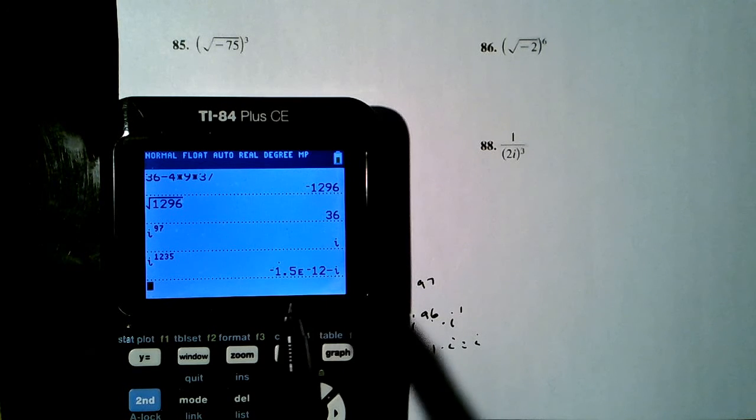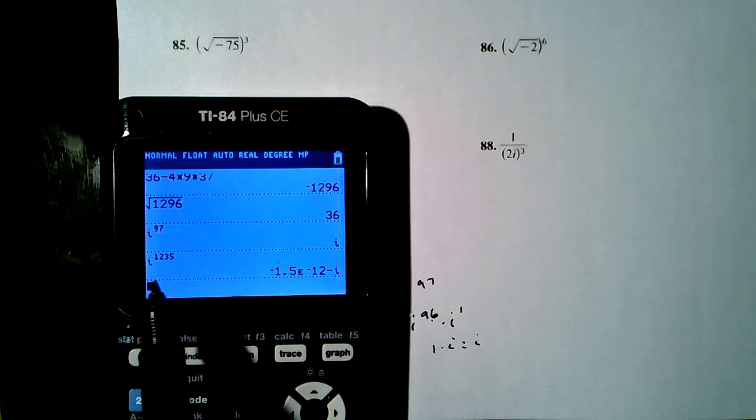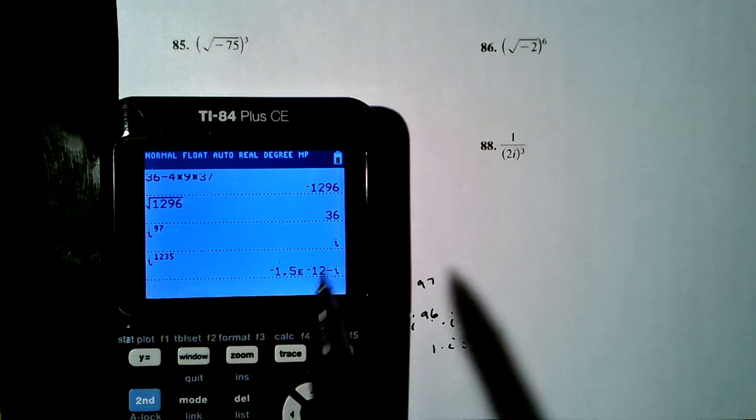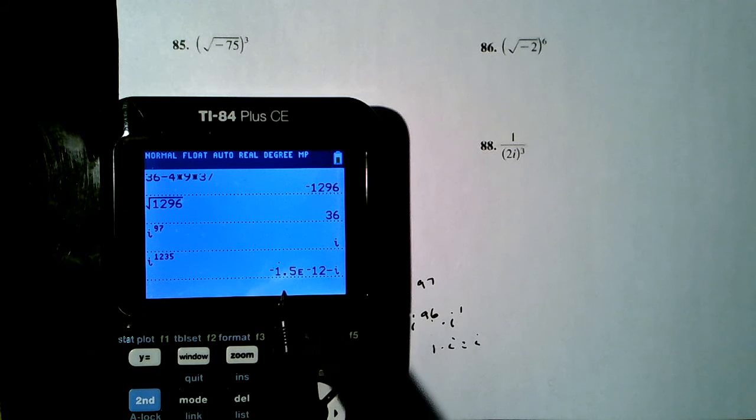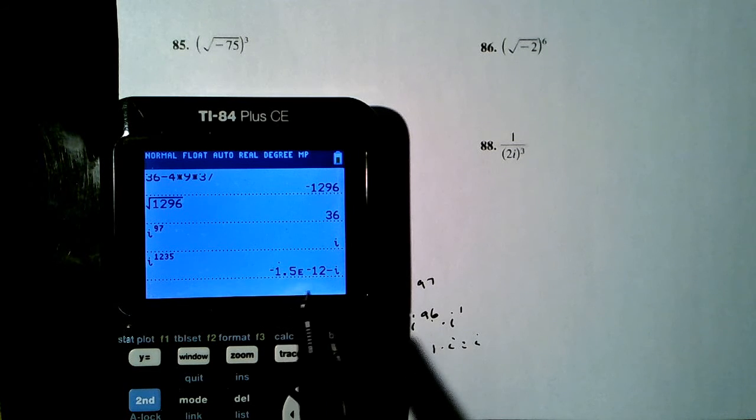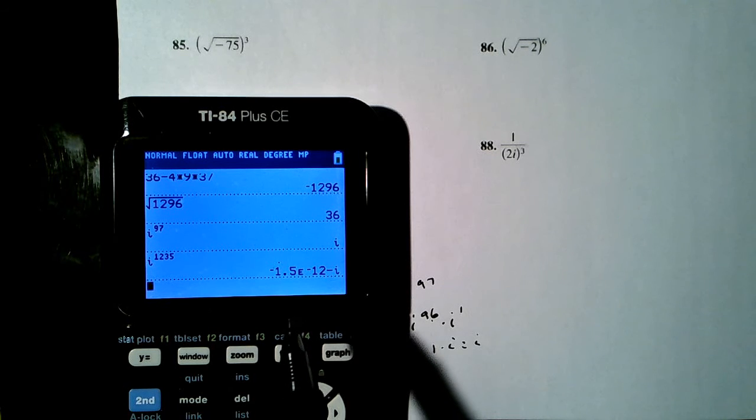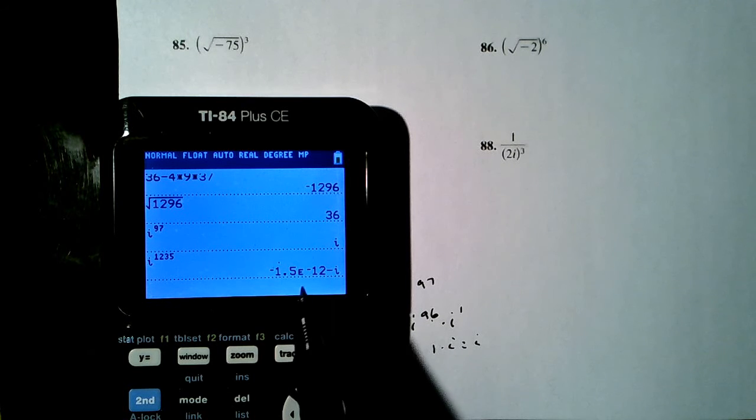Now, here it seems like we should either get i or negative i or 1 or -1. Those are really the only options. We'll take a look at this right here. -1.5 times 10 to the -12th. That's -0.00000000000015. It's virtually 0, and that's just rounding error our calculator's dealing with. That is just negative i.